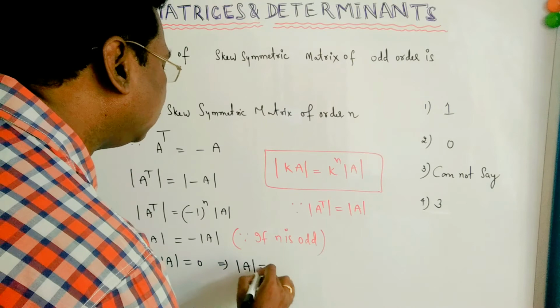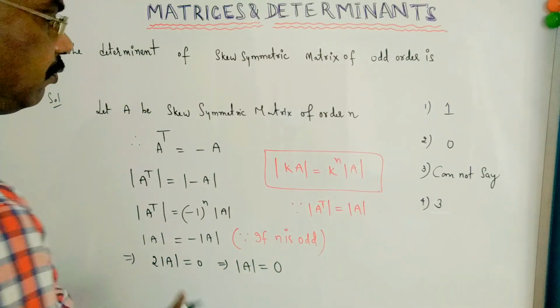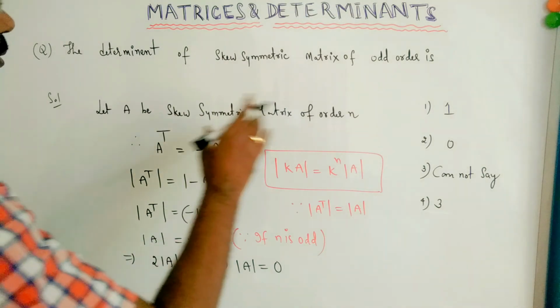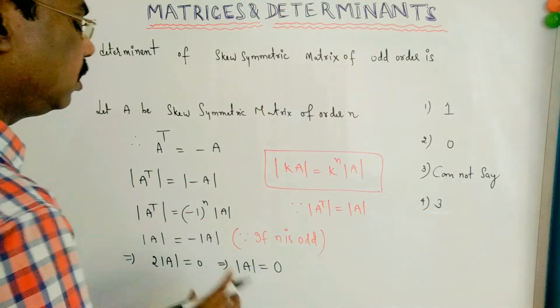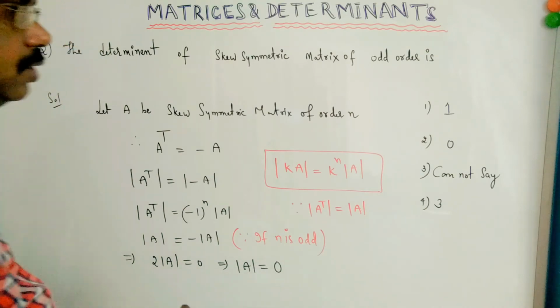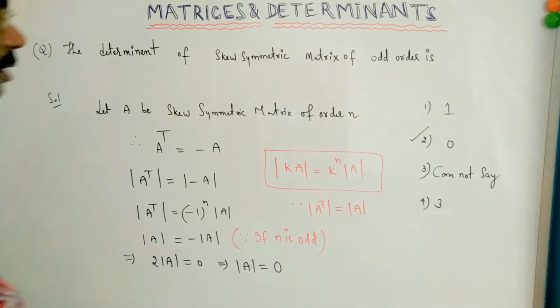Now det A is equal to 0. Therefore, the det of a skew symmetric matrix of odd order, det A is equal to 0. Now second one is the correct one.